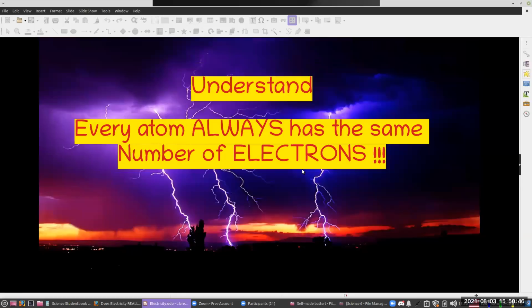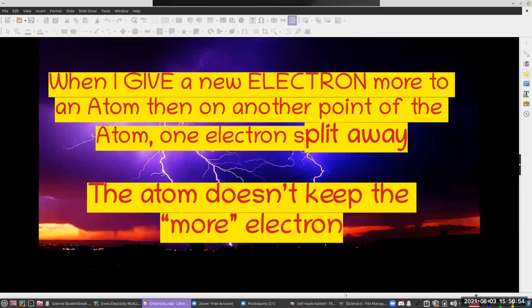Every atom always has the same number of electrons, not less, not more. When I give a new electron to an atom, another point of the atom loses an electron. So electricity means the flow of electrons through the material.